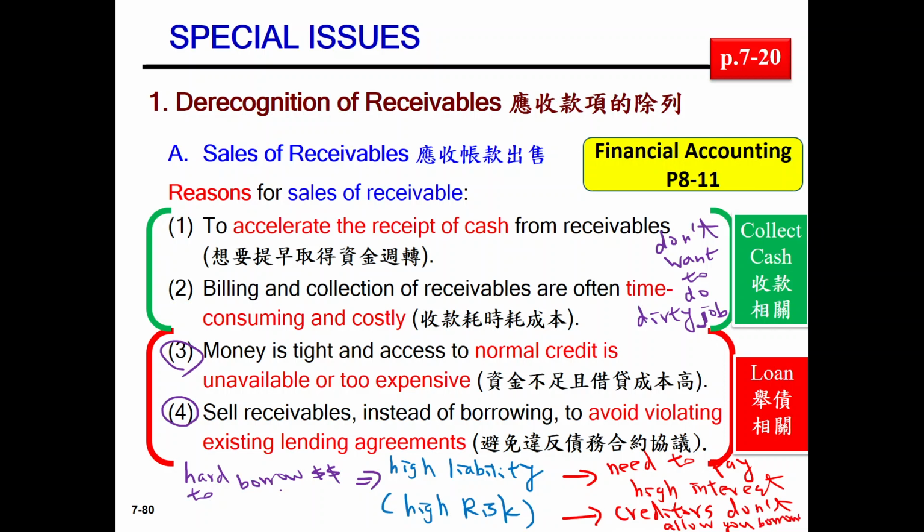Okay? So maybe you don't want to do a dirty job. Maybe you cannot do that because you have too much liability already. Creditors don't allow you to borrow money to have more liabilities.